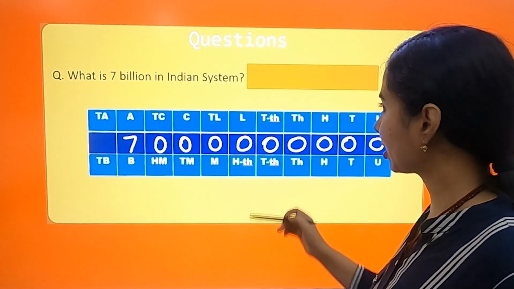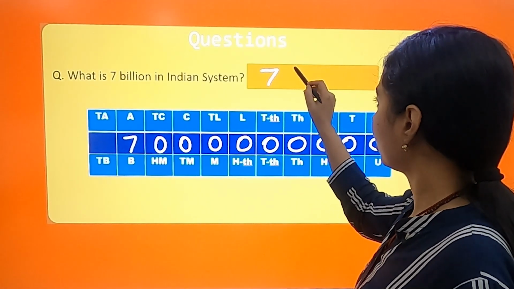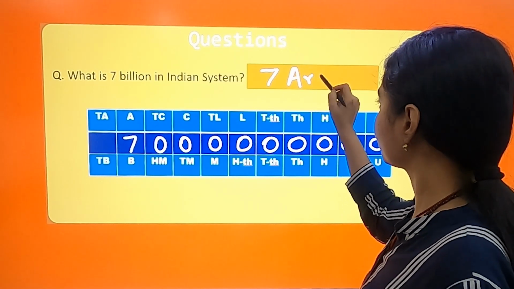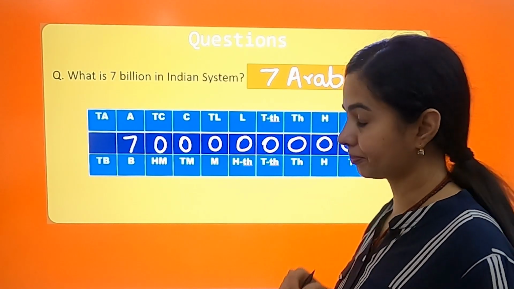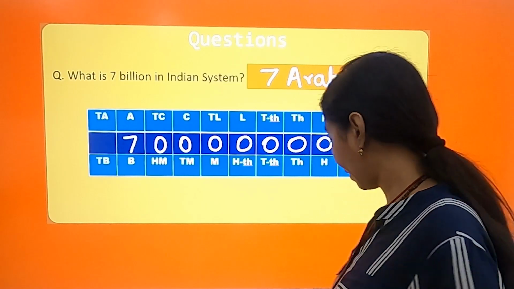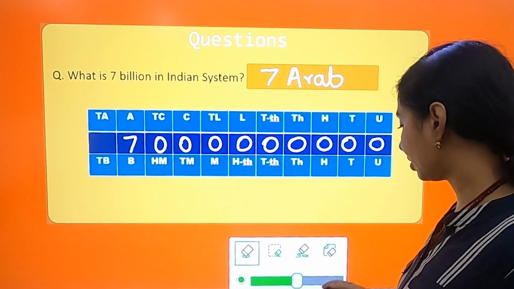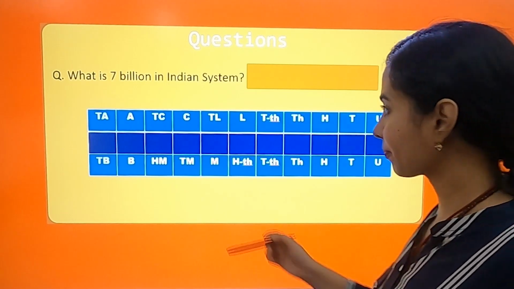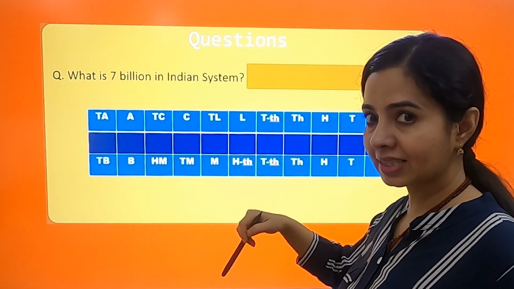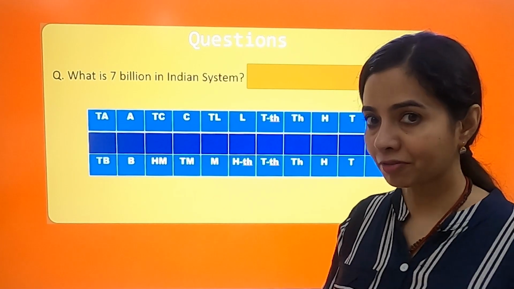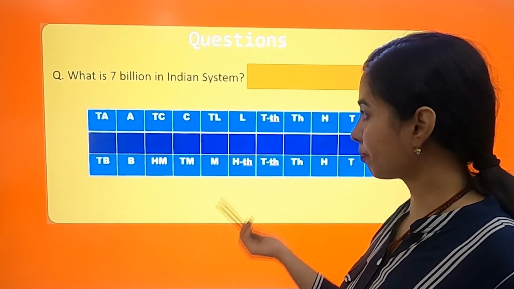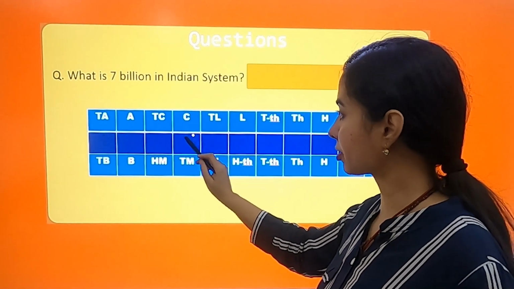So your answer becomes 7 Arab. That's it. And similarly, we can do it with other numbers also. Suppose the number is given in the Indian system, then we have to convert it into the international system. Suppose the number is 6 crores.